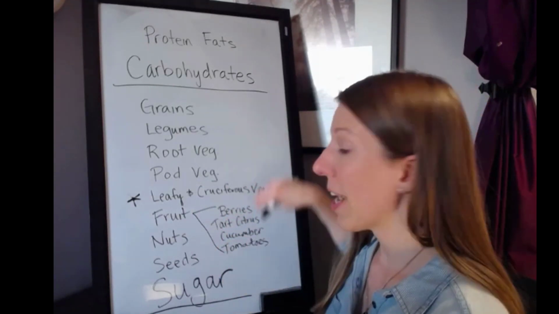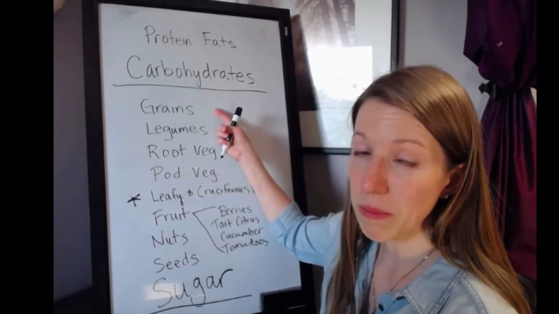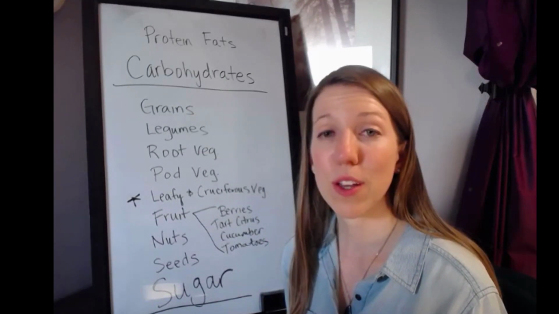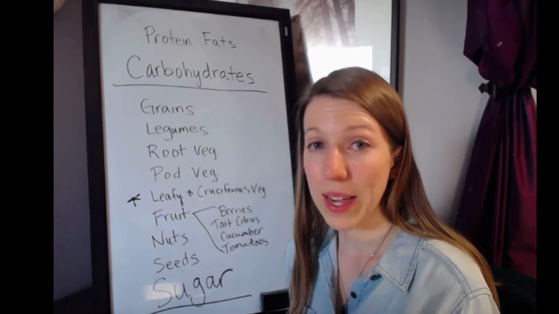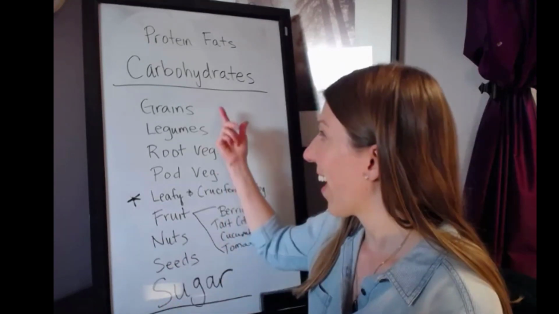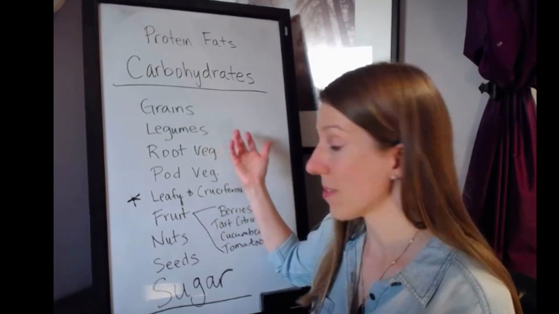So our carbohydrates encompass a lot. Grains is probably one of our most popular carbohydrates in this country. That would include all of our wheat, our corn, rice, etc. And after that, we've got our legumes, so all of our beans.